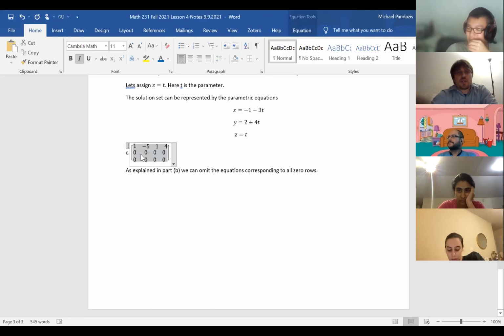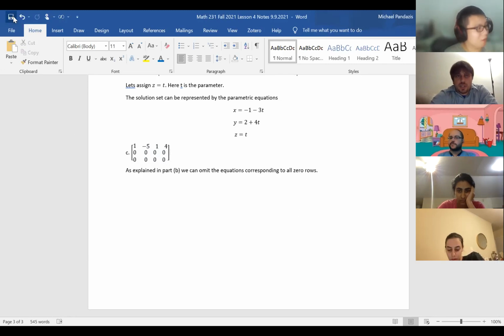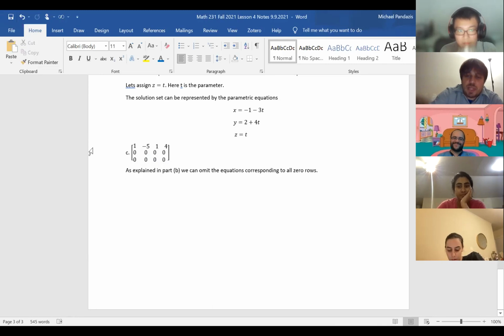The second and third rows are just all zeros, and so those correspond with equations 0 equals 0. We can just omit them because they don't change the solution set at all, with or without them. So we're left with one equation represented by the first row of that matrix.